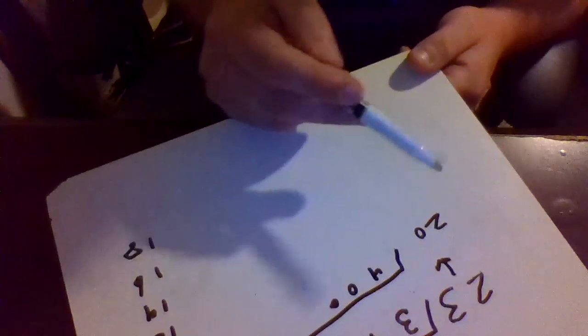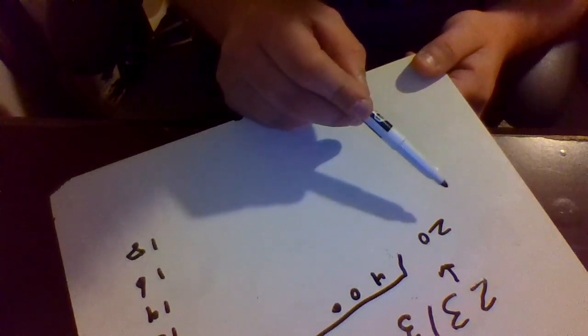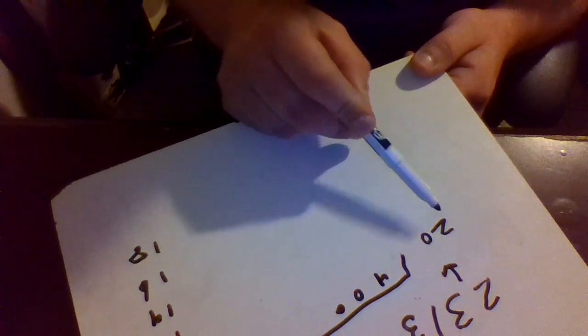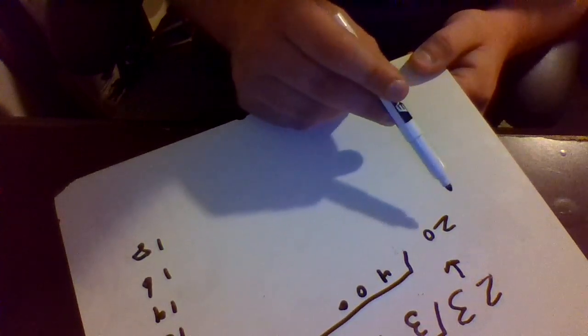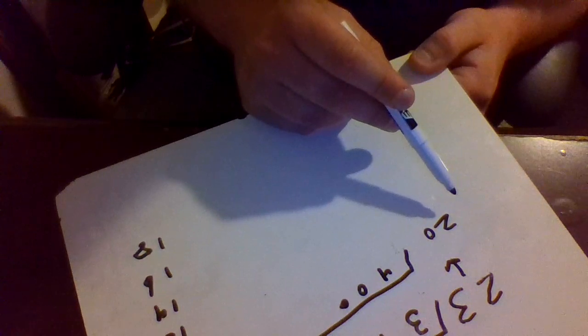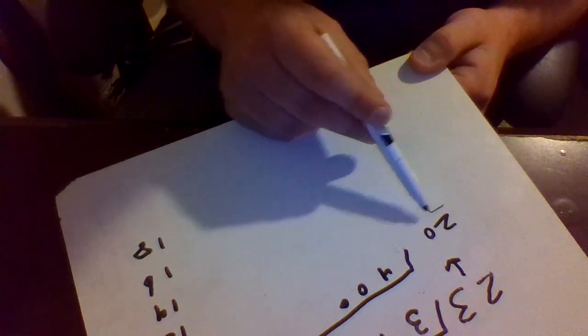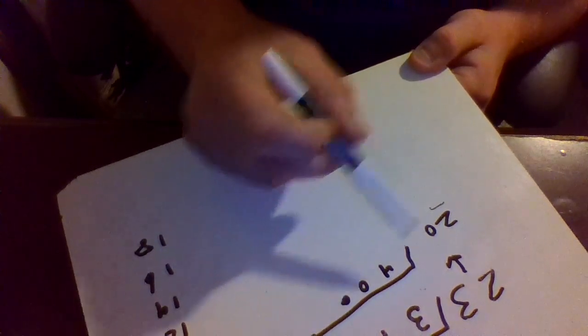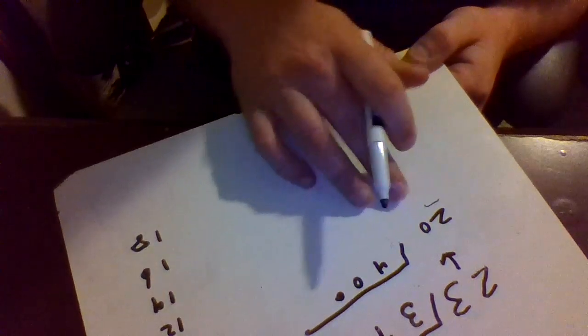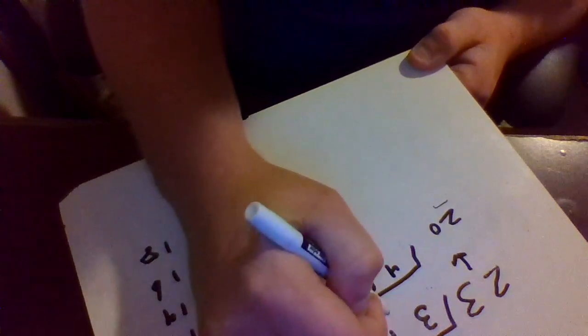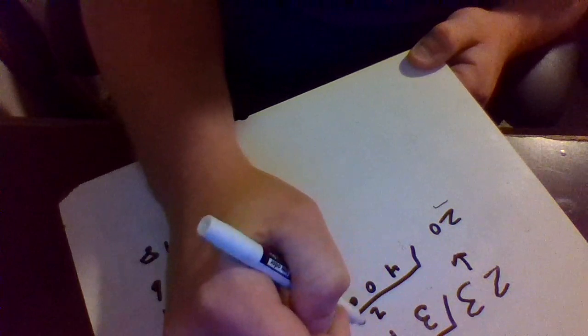So now, if you remember our rules, we look at the first digit. 2 goes into 4 2 times, but we're looking at 20, not 2. So 20 goes into 4 2 times, and 20 goes into 0 2 times. That'll probably be easier for you to see.